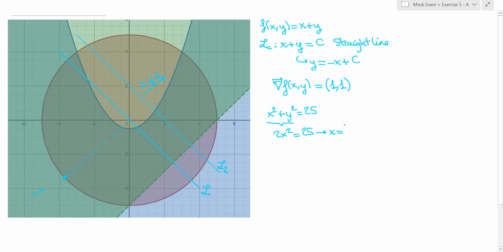In this case, the negative value is minus 5, the square root of 25 divided by the square root of 2. So this point would be minus 5 divided by square root of 2, minus 5 divided by square root of 2. We can call it A.